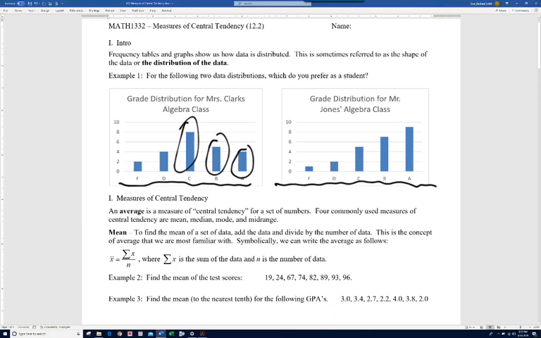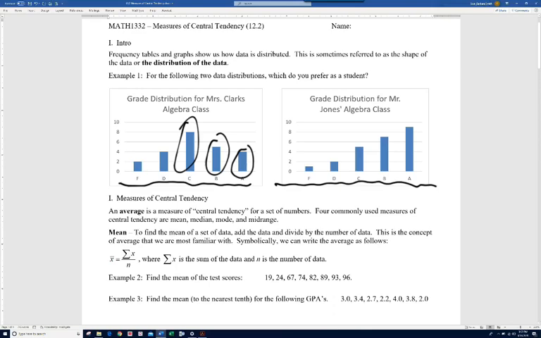On the next area here, it says measures of central tendency. So when we start analyzing data, we collect data and we put it in a distribution, a frequency distribution table, and then we go from there to a graph.